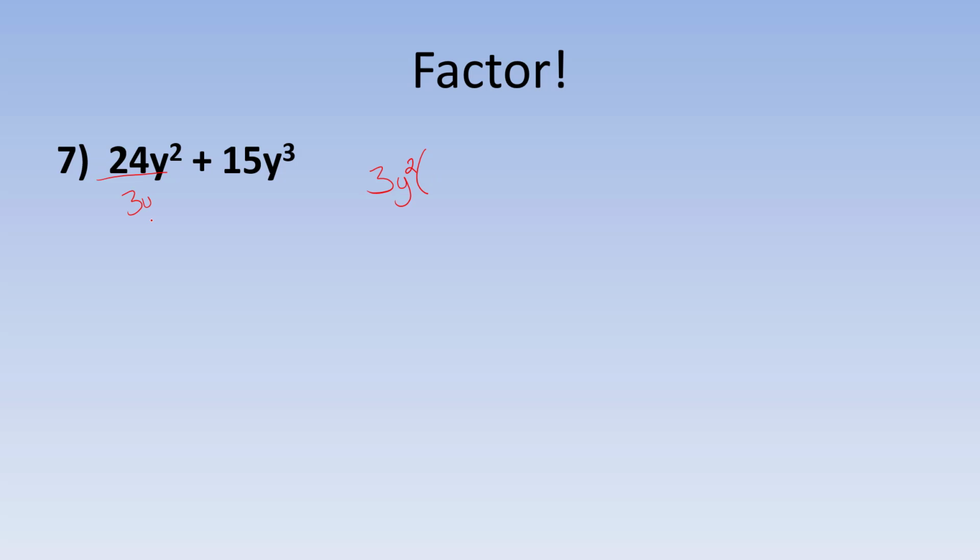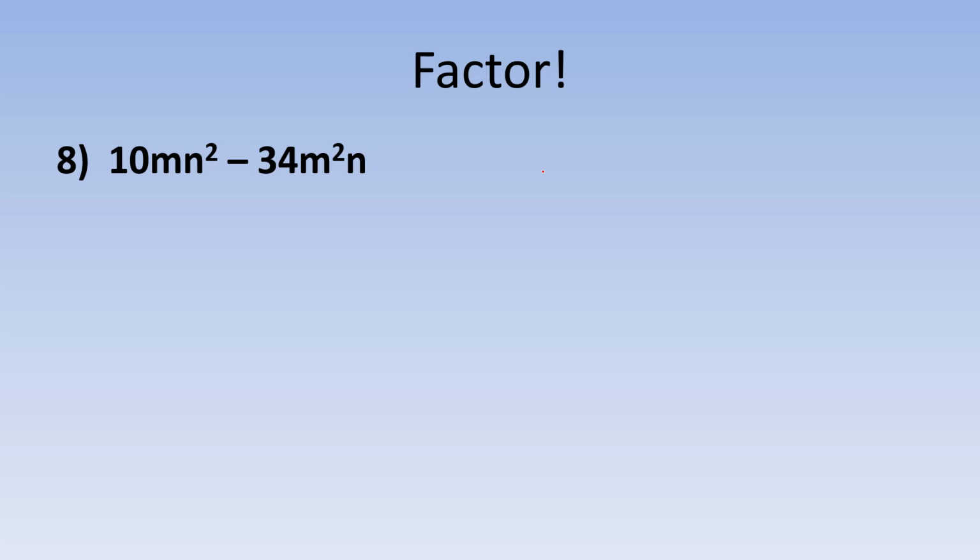So let's divide by 3y squared. Y's will simplify out. 3 goes into 24 8 times. 3 goes into 15 5 times. 2 y's are canceled out. That leaves me with 1 y left. And we finished the problem.